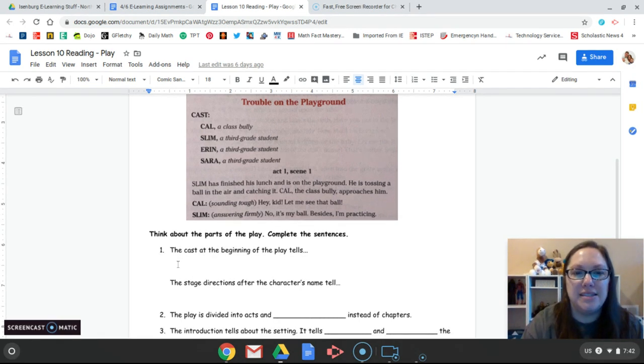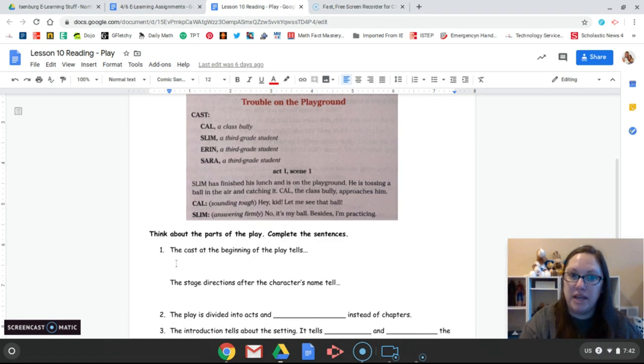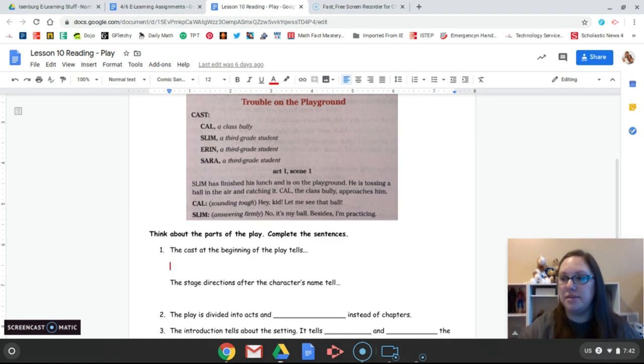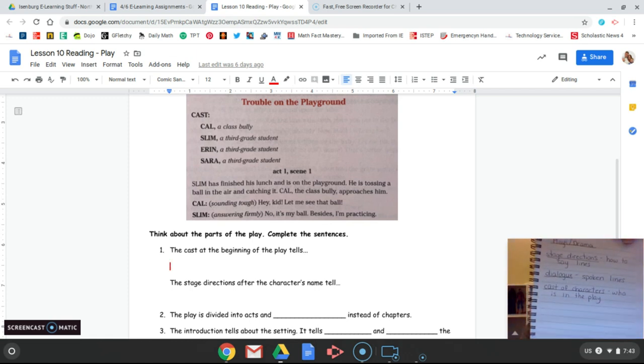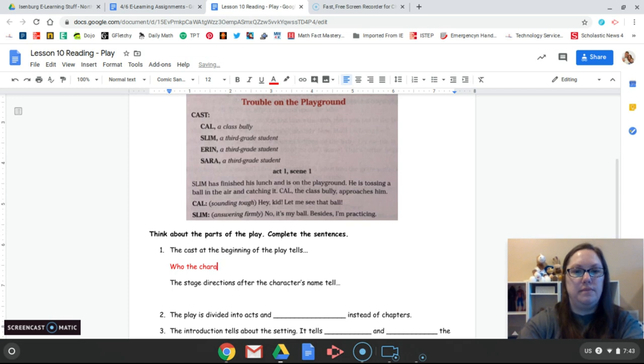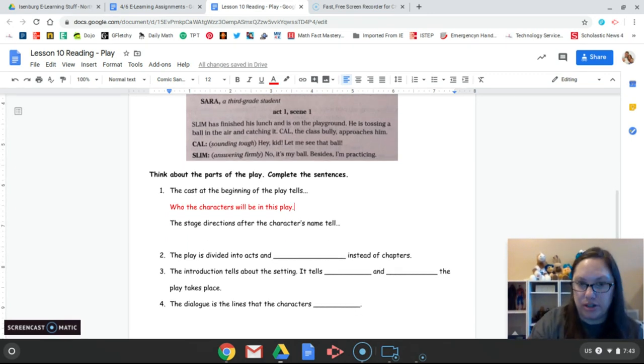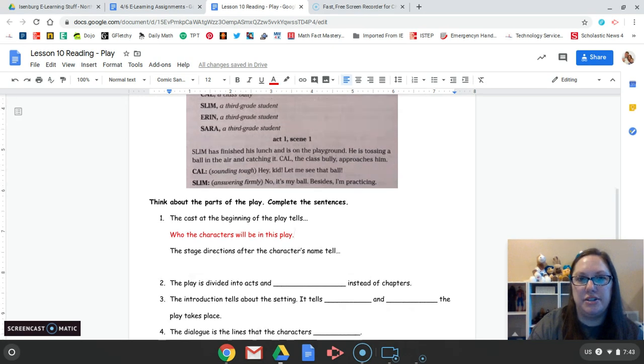So it says the cast at the beginning of the play tells. The cast, we wrote down in our notebook, cast of characters was who is in the play, right? So the cast at the beginning of the play tells who the characters will be in this play. Okay, the stage directions after the characters' names tell.